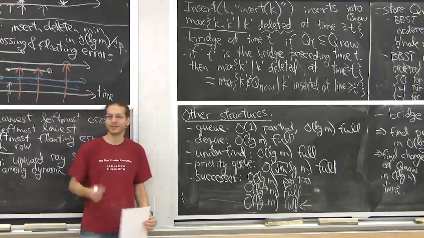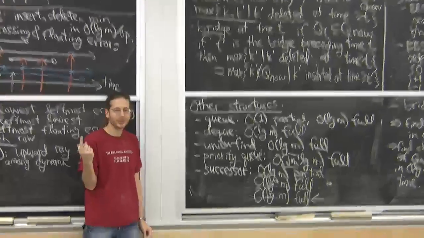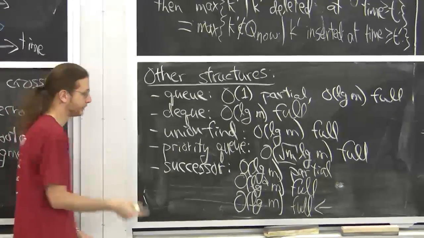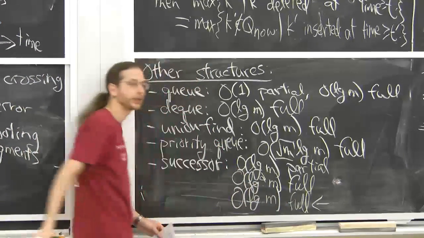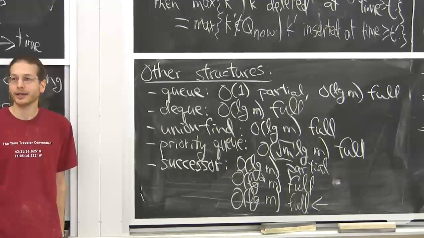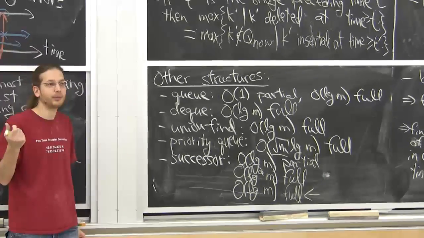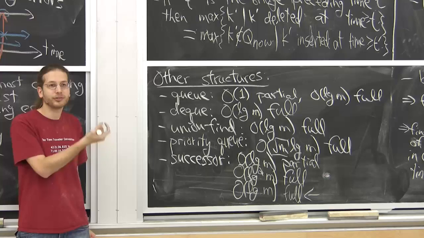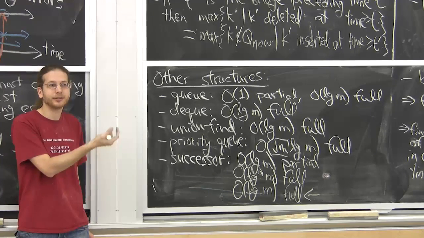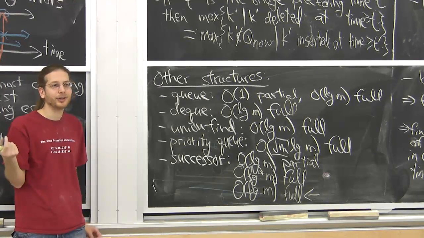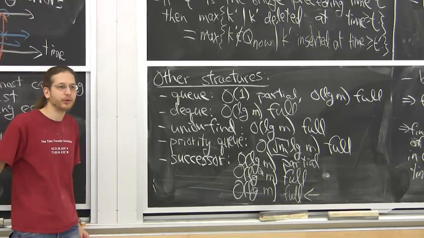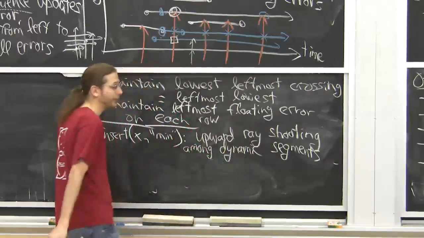A retroactive insertion operation in the past is like a fully retroactive successor. That's this result. Inserting an insertion, that's like creating a new left endpoint of a segment. Inserting a deletion is like creating a new right endpoint. Deleting a deletion or deleting an insertion, you could use that to move the endpoint. So that's exactly dynamic segments, horizontal segments.